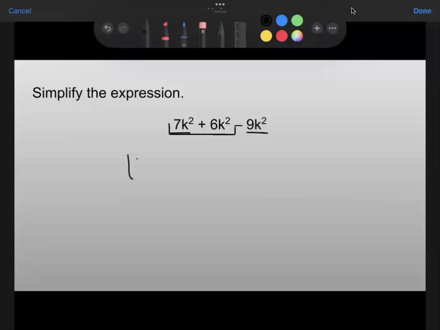So I'm going to rewrite this as 13k squared minus 9k squared. Now I can deal with this because this is the only one left to combine. 13 minus 9 is 4. So I'm going to go ahead and put 4 here. And then I'm going to rewrite the k squared. So this simplifies all the way down to a single term, which is 4k squared.